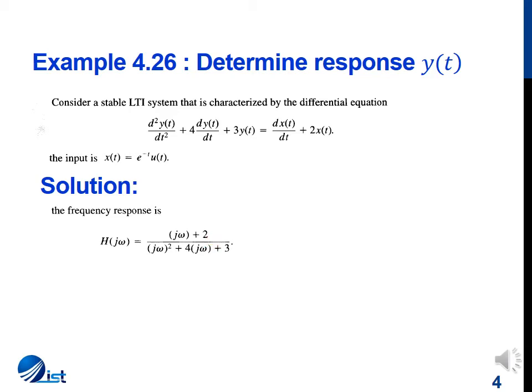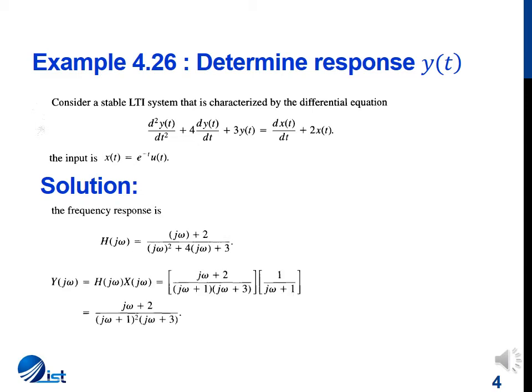Now the output Y(jω) is a product of H(jω) and X(jω). You will be given Tables 4.1 and 4.2 or the required formulae in your exams when you are solving such questions.